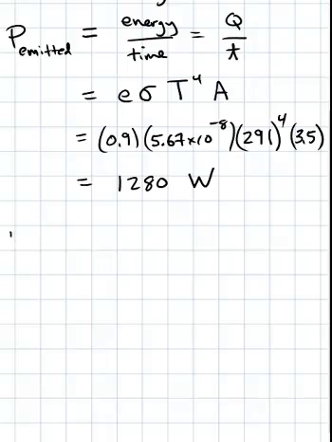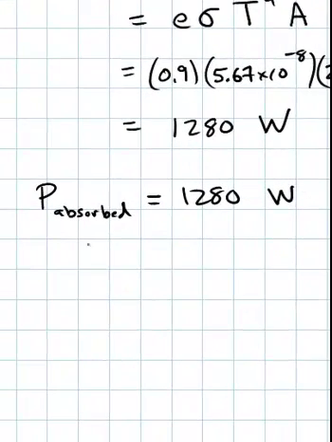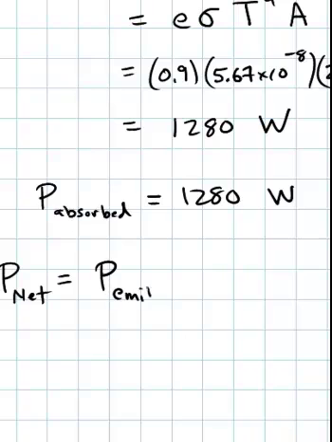And the power absorbed is going to be 1280. And we end up with our net power is the power emitted minus the power absorbed.